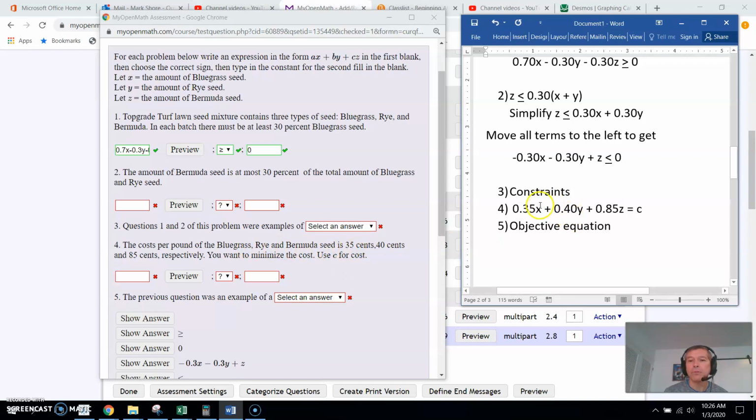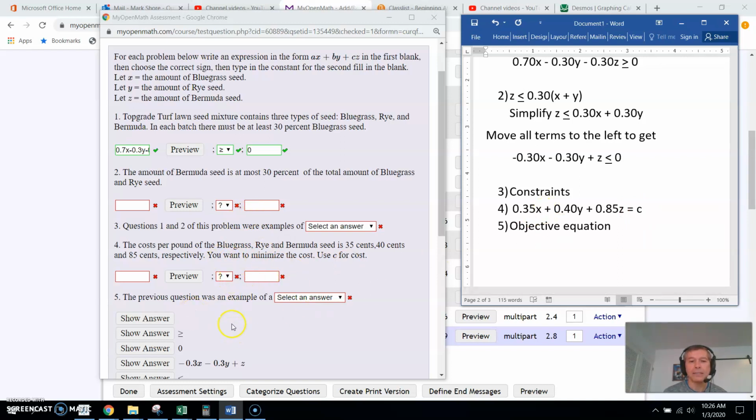So it's 0.35 for every pound of this bluegrass, x. Then it's 40 cents for every pound of rye, so 0.40 times y. And then 85 cents for every pound of Bermuda, and the Bermuda was z. That's where the 0.85z comes from. And that equals my cost. So this sign right here would be an equal sign, and that would just be a C.